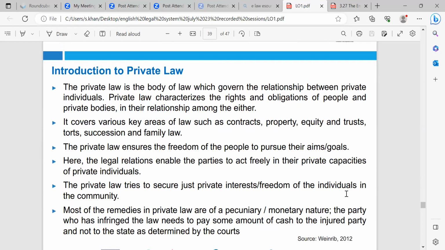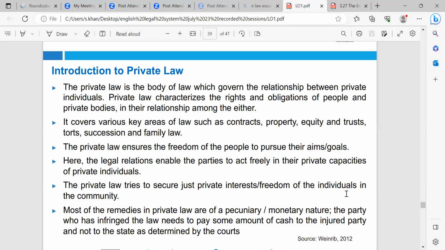It covers various key areas such as contracts, property, equity and trusts, tort, succession, and family law. Private law ensures the freedom of the people to pursue their aims and goals. Here, the legal relations enable the parties to act freely in their private capacities as private individuals. Private law tries to secure just private interests and the freedom of individuals in the community.